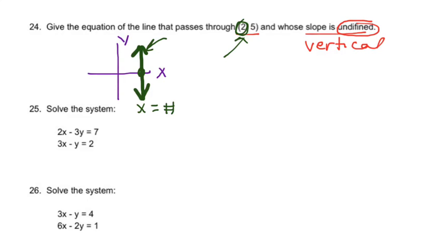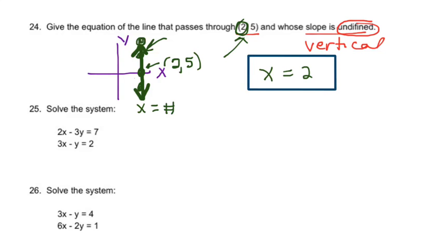Every single point on that green line has to have an x value of 2. And that's what our equation will say. X is always 2. There isn't even a y in that equation because y can be anything, and it does not affect what x is. X is always 2.